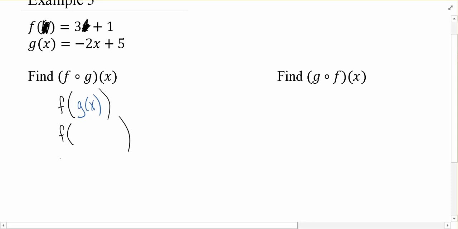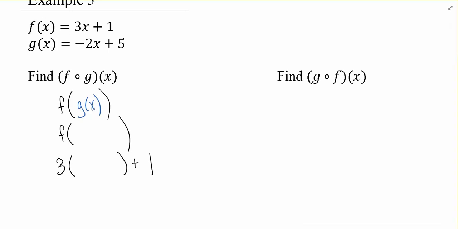Well, that function f is saying 3 times whatever that blank is plus 1. That's how I want you to see that f function. When you look at 3x plus 1, I want you to realize that we plugged x in. So if I don't know what I'm plugging in, it's just 3 times blank plus 1.